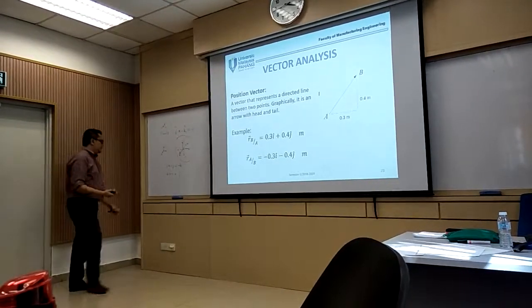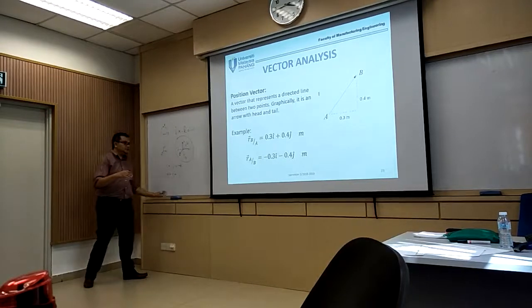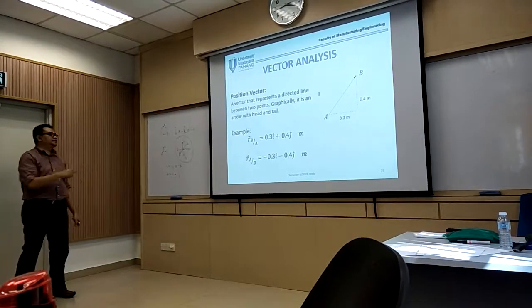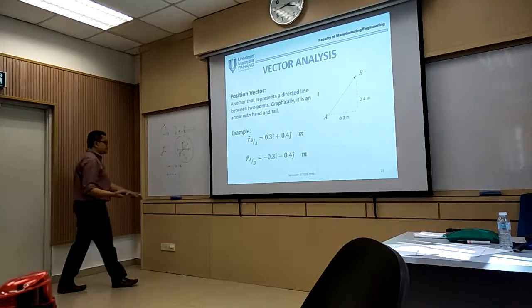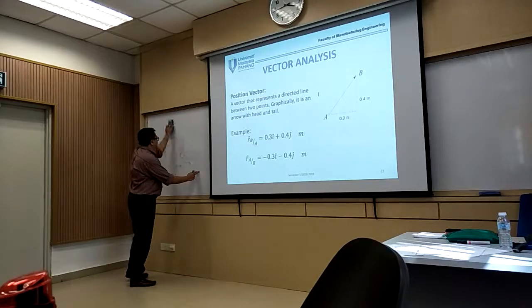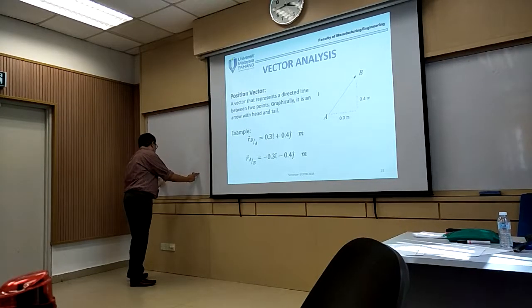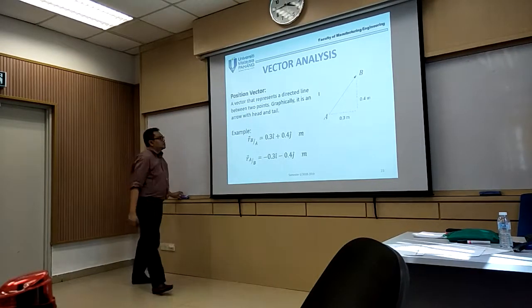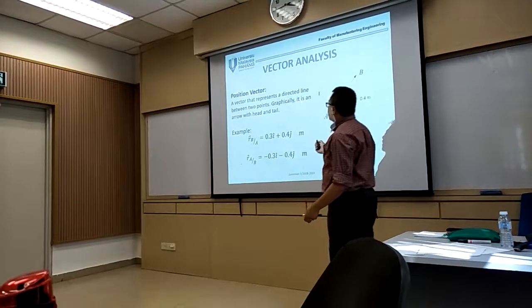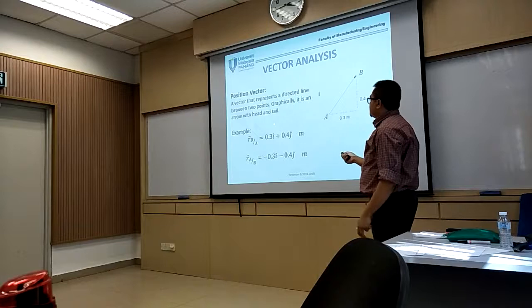Another important thing before we go to the topic of dynamics is the position vector. Position vector is basically a vector that represents a directed line between two points.